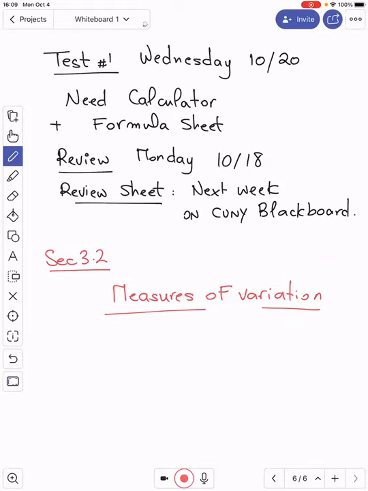Anyway, so in this section 3.2, we discussed measures of variation. First we discussed the range of a data set.